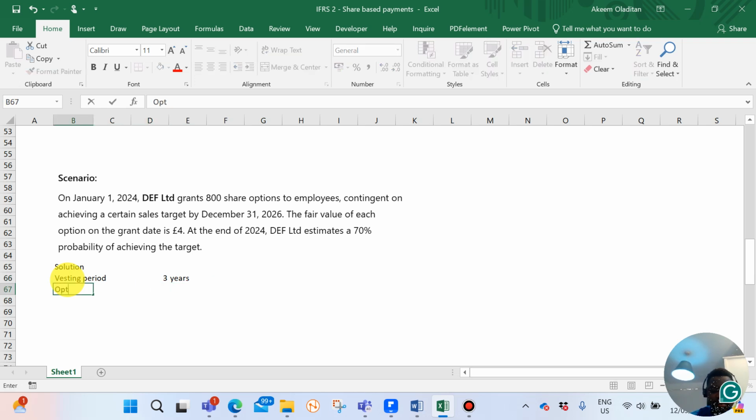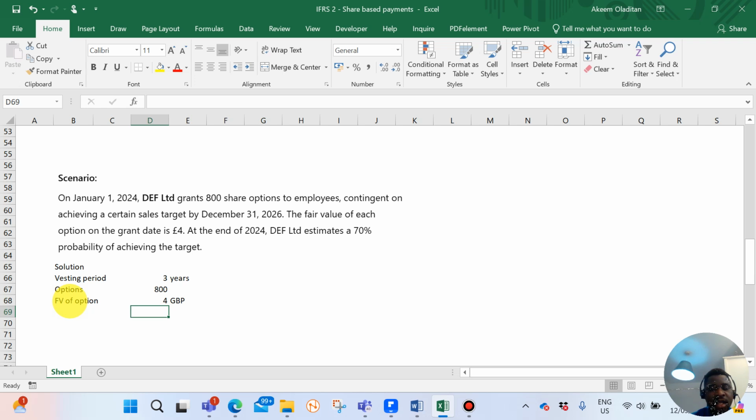Options is 800, right? And the fair value of each option on the grant date is £4. So fair value of option at grant date is £4 GBP.